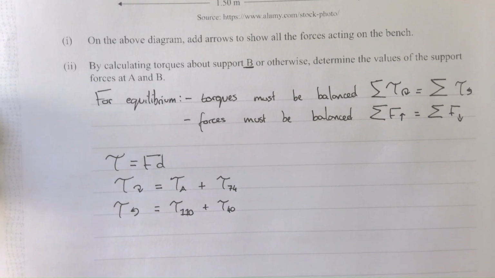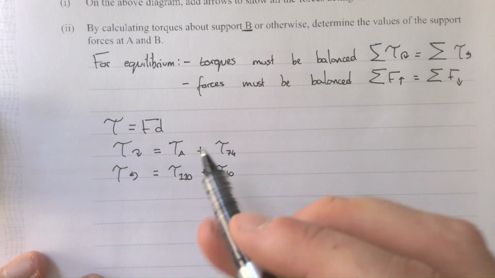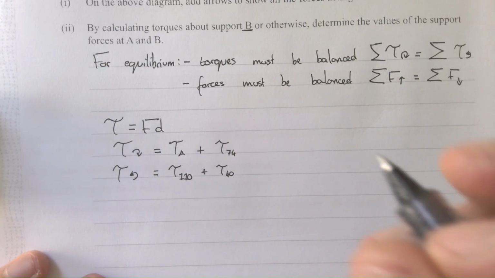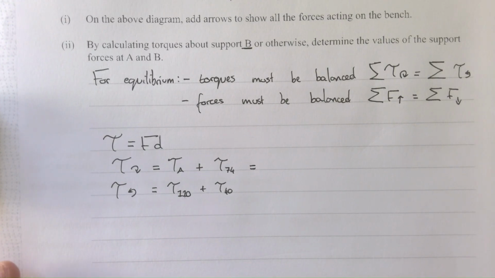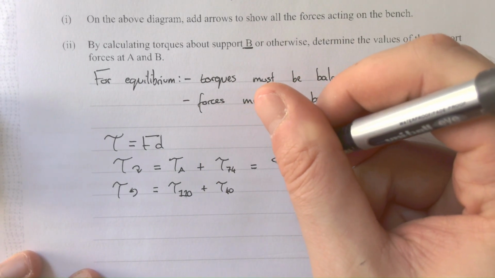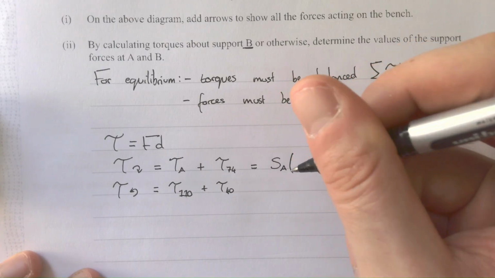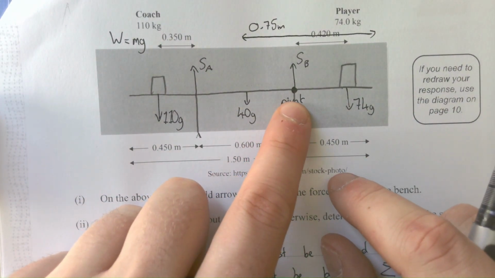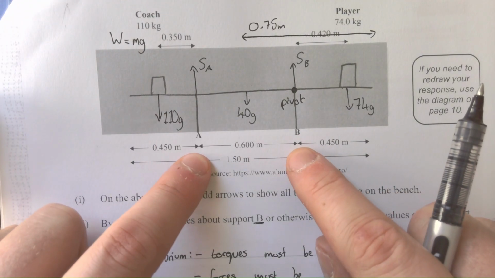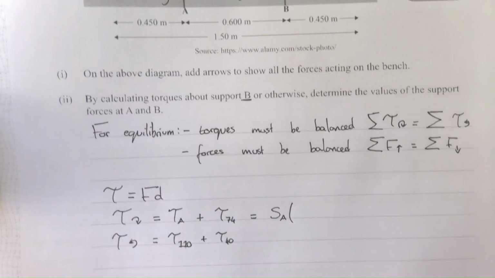Okay. So now I can just substitute in my force times distance for each of those torques. My torque at support force A is the size of the force SA multiplied by the distance. Now the distance from the pivot point to SA is this distance here, from B to A, 0.6.